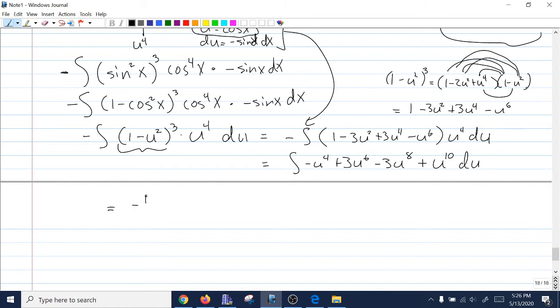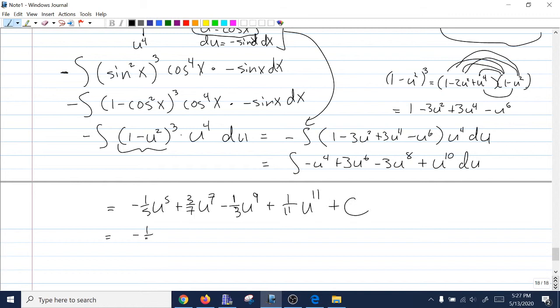I get negative 1/5 u to the 5th plus 3/7 u to the 7th minus 3/9, which is 1/3, u to the 9th plus 1/11 u to the 11th plus C, and u was cosine.